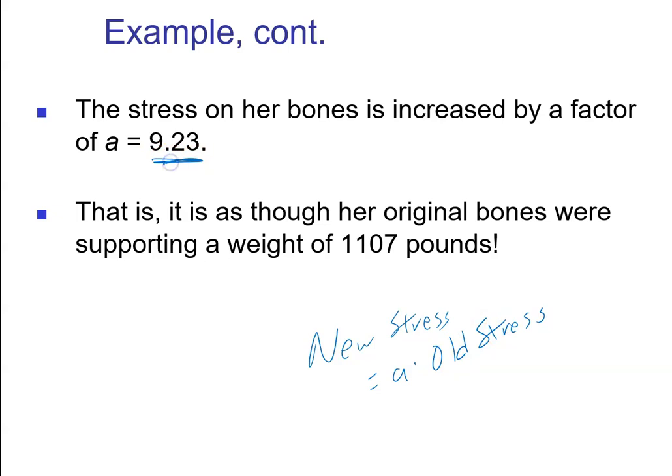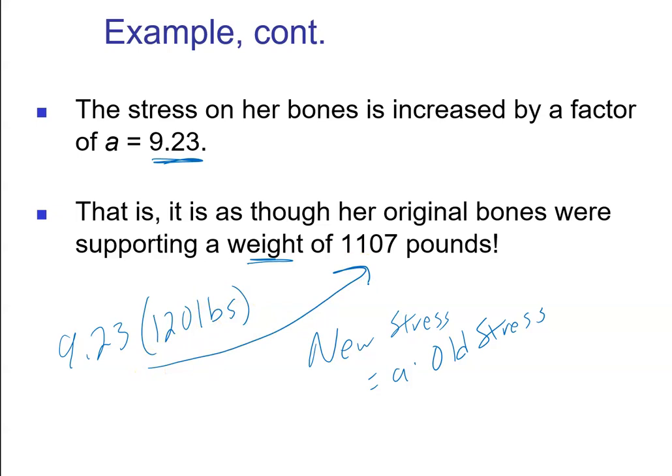So that right there is increased by that scale factor because that is A. Her original bones were supporting a weight of 120 pounds, so how are we getting the new weight? We're taking the 9.23 times the 120 pounds she originally weighed, and that will give us 1,107 pounds. All right, and that wraps up our notes on scaling.